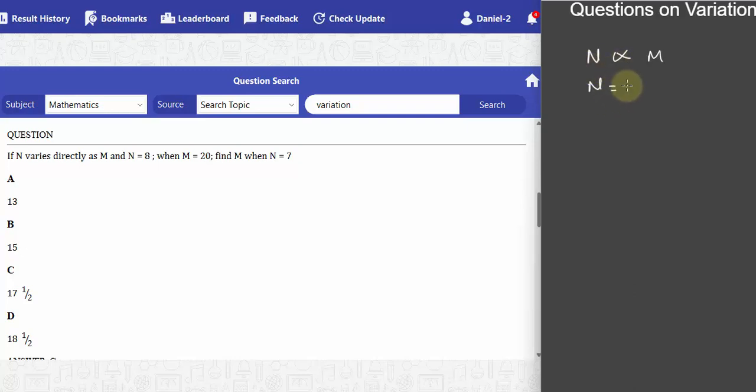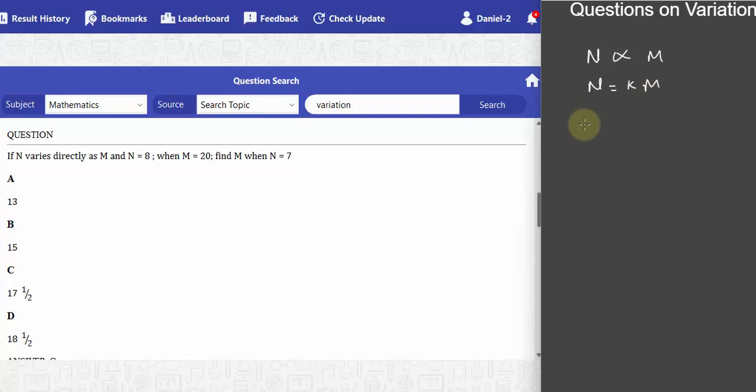But once you do that, you need to multiply by a constant, because every time you turn a proportionality sign to an equality sign, there is a potential constant that you don't know, and that constant needs to be multiplied to what you have on the right. So n equals k times m, where k is the constant.